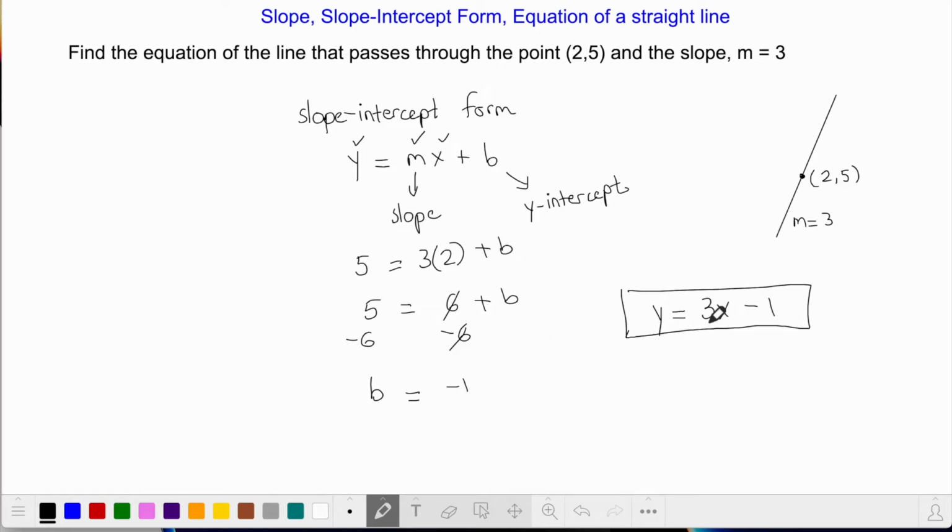And the gradient here is 3. So in mx + c, m is 3, and the y-intercept is at negative 1. So when you draw the line on the graph, here is the y-axis and here is the x-axis, and the y-intercept is at negative 1, so the graph will cut through negative 1 here, and the slope is 3, so it will be steeper like this, and that's the nature of the graph y = 3x - 1.